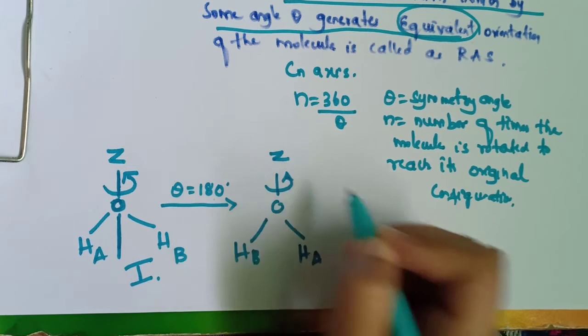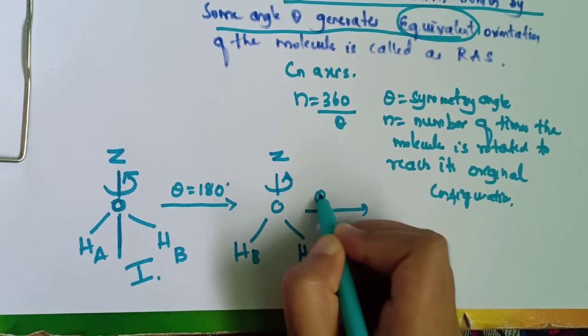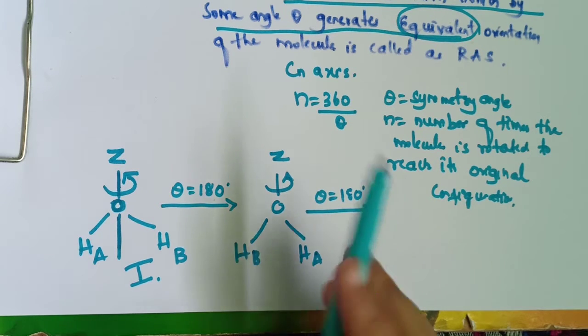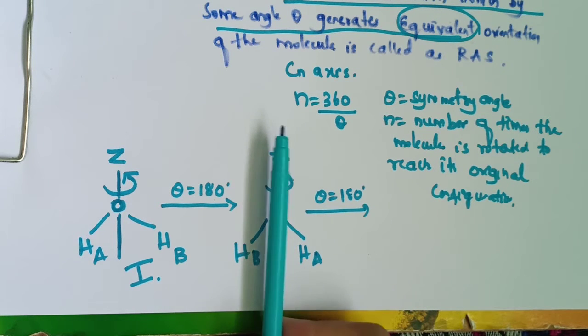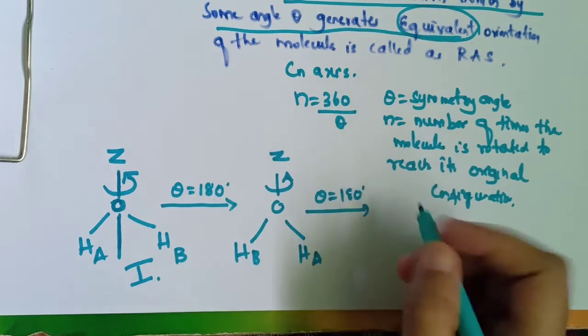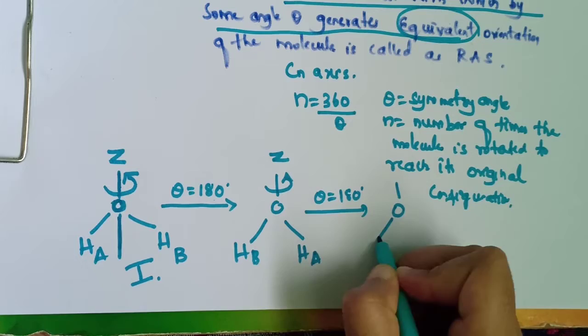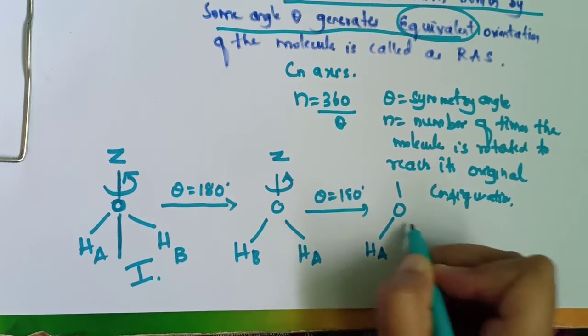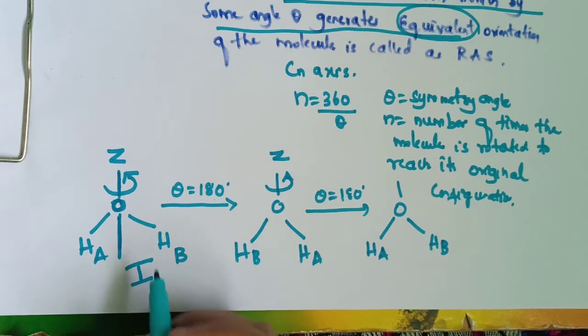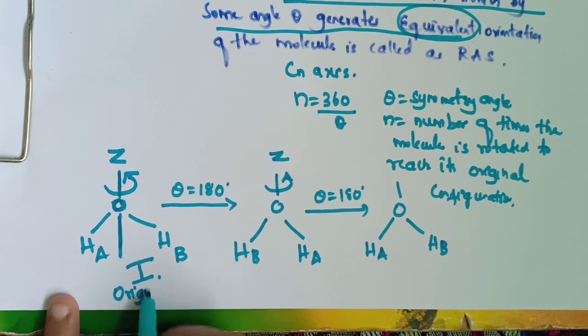Again rotating the molecule by theta equals 180 degrees, this comes to this side and this comes to this side. So again we obtain HA, HB like this. Here it is the original configuration.